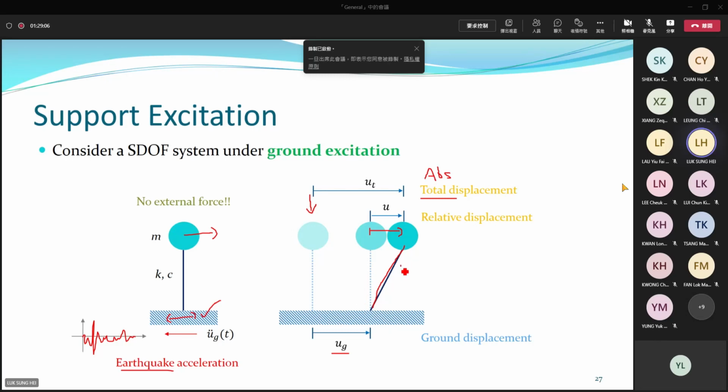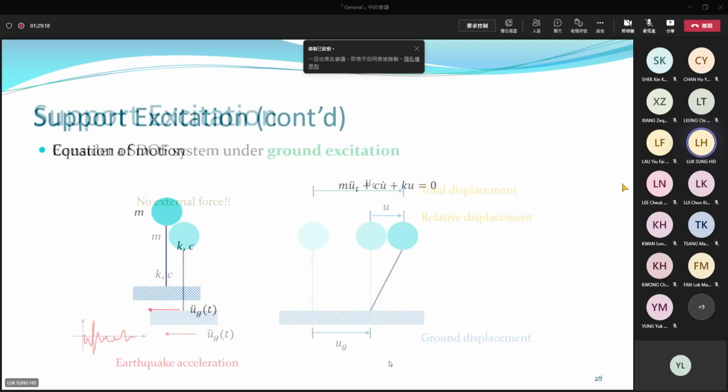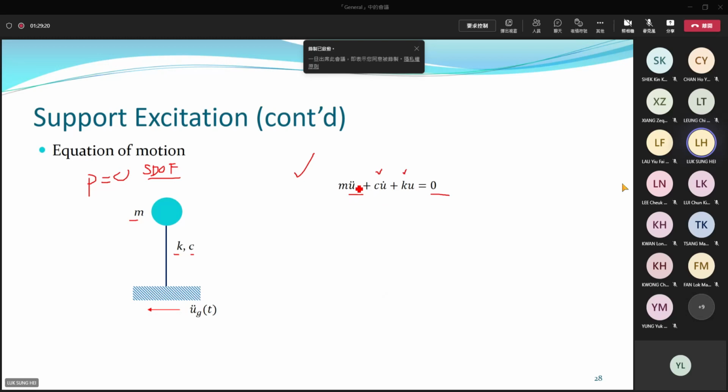The stiffness term depends on the elongation of the spring, or the movement of the columns, nothing to do with the ground movements. So for the acceleration term, we use UT. For the stiffness and damping terms, we just use U rather than UT.